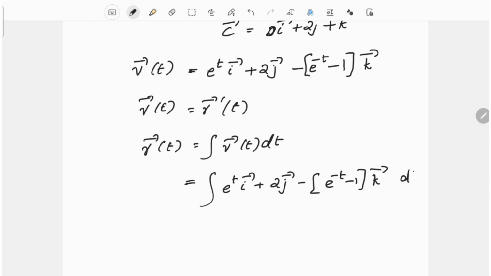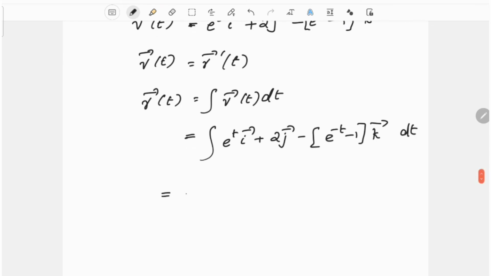And that is equal to e^t i + 2t j + (e^(-t) + t) k plus vector d.